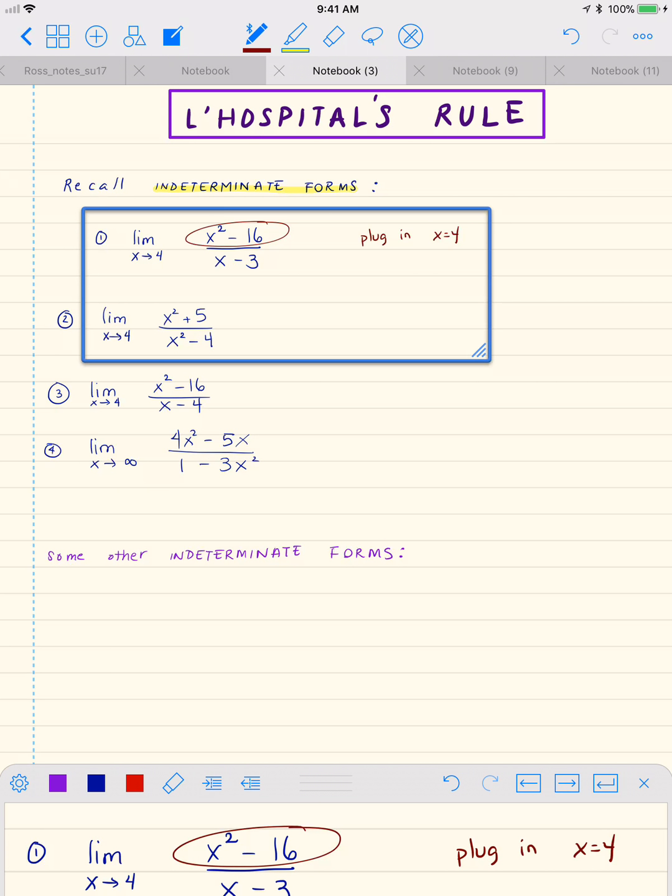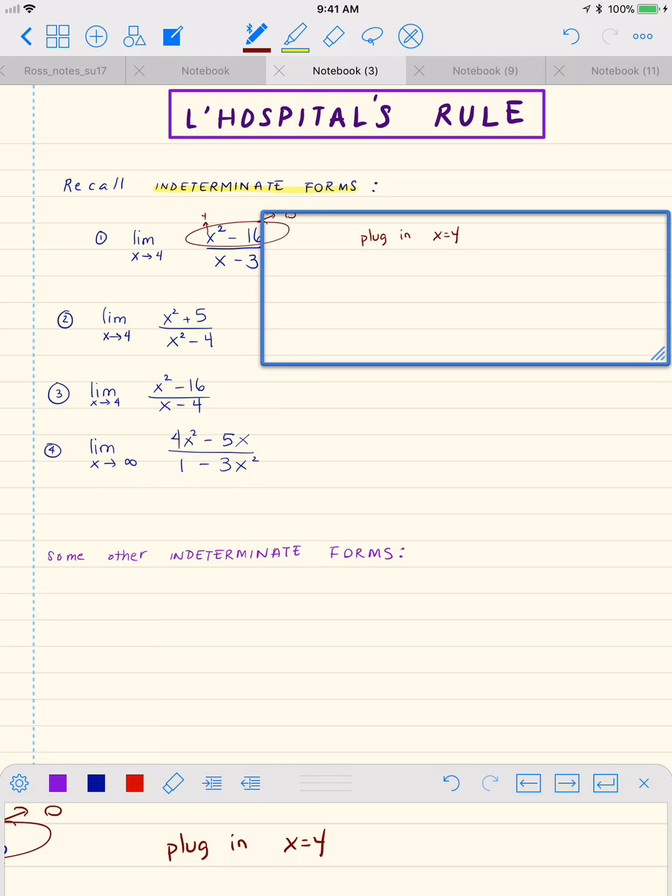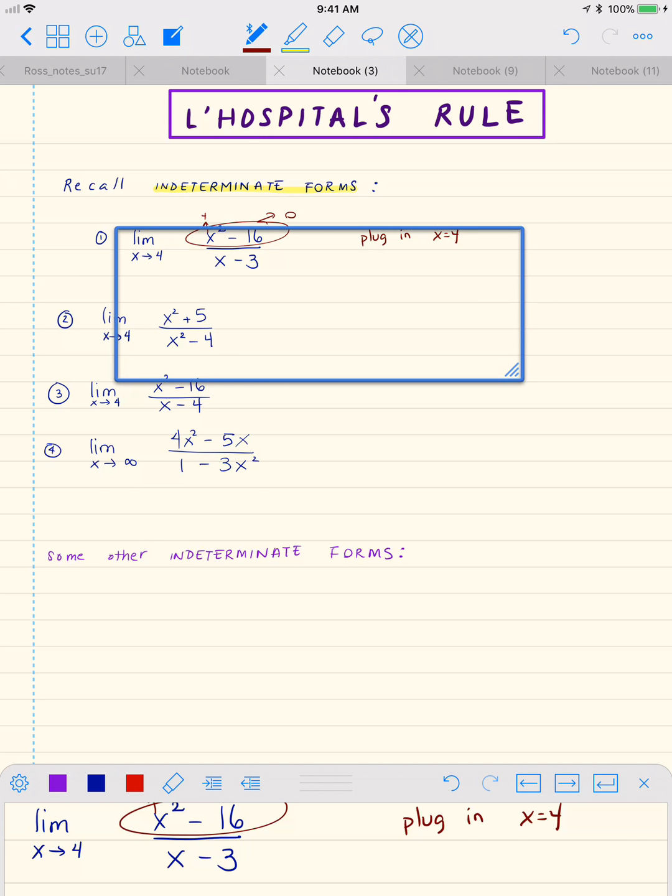So the numerator goes to 4 squared minus 16, which is 0. And then the denominator is going to approach 1 as x approaches 4.